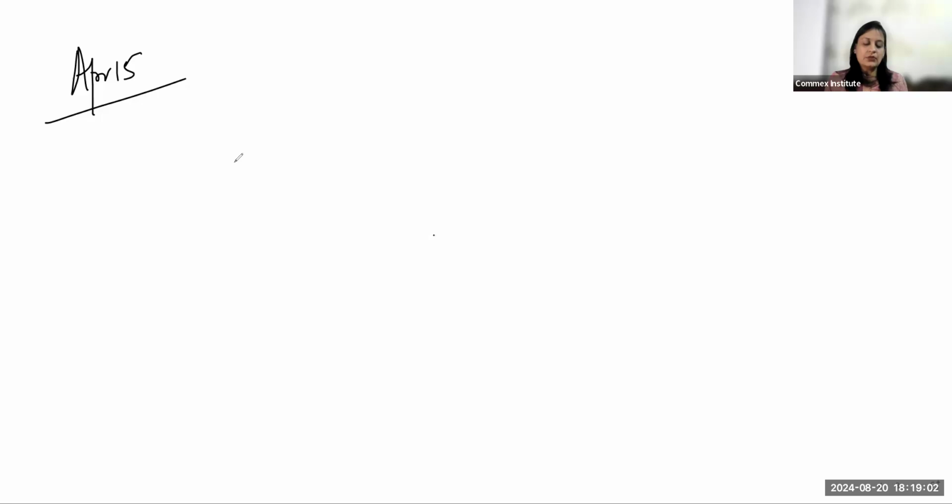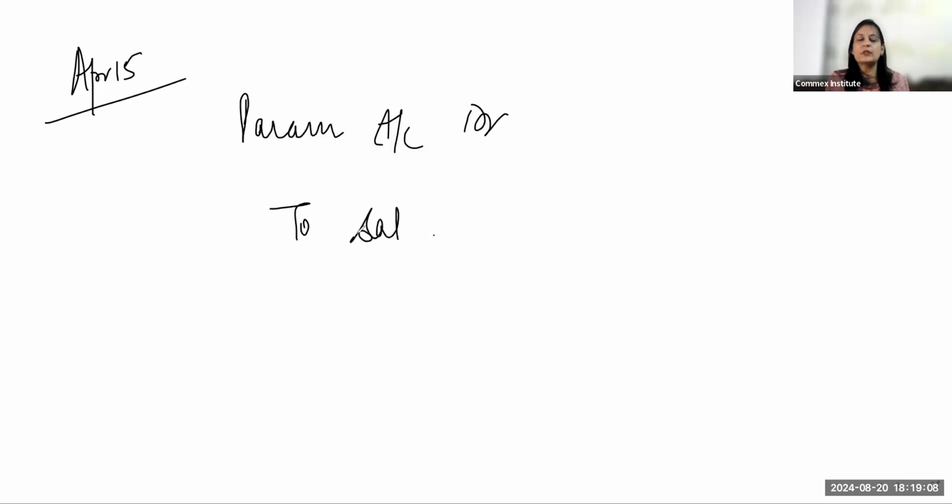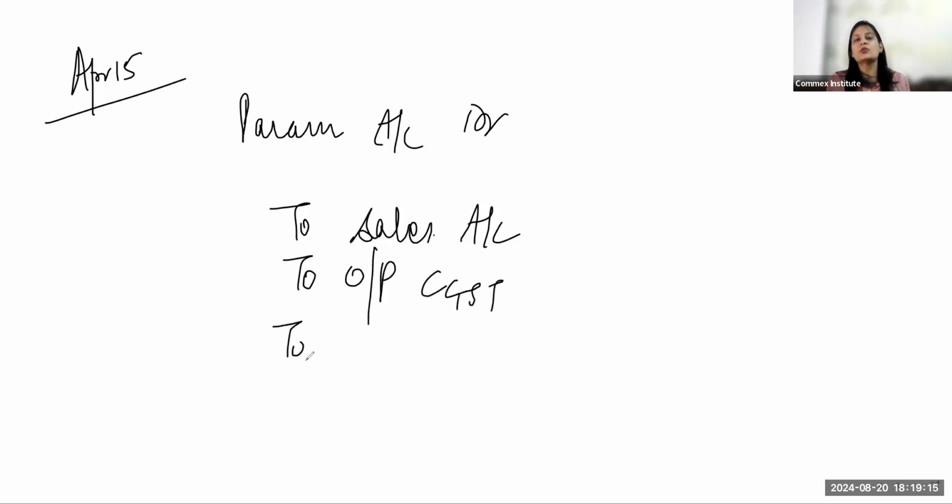Because it's a credit transaction, Param would be debited. So Param account debit, the normal entry would be to sales account. And because GST is there, to output CGST and to output SGST. So the sales are 5,000. Sorry, this is a sales return, I'm so sorry. We are doing the transaction of April 15 only.